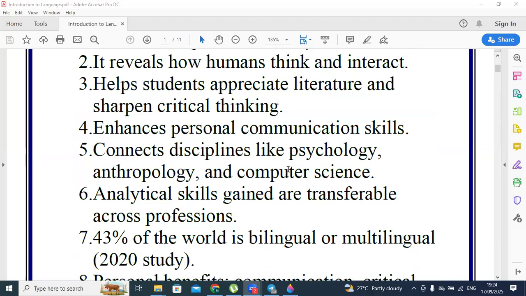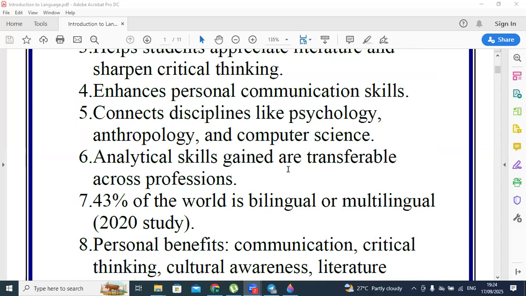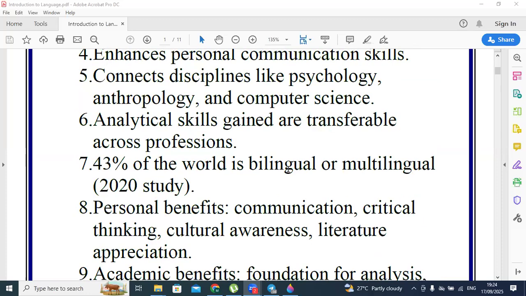43% of the world is bilingual, which means they can speak two languages, or multilingual, which means they can speak more than two languages. 2020 study. Personal benefits: communication, critical thinking, cultural awareness, literature appreciation.